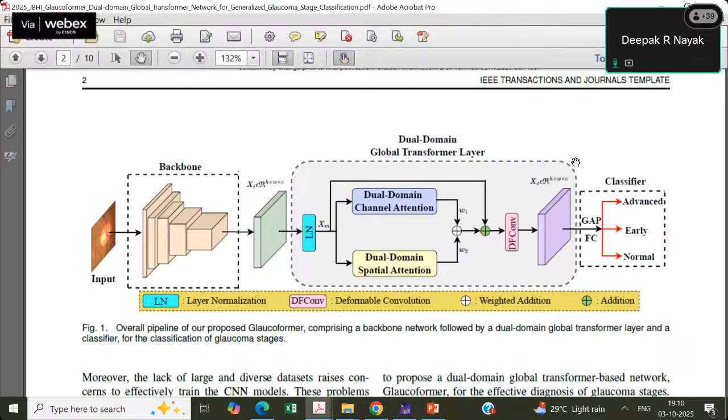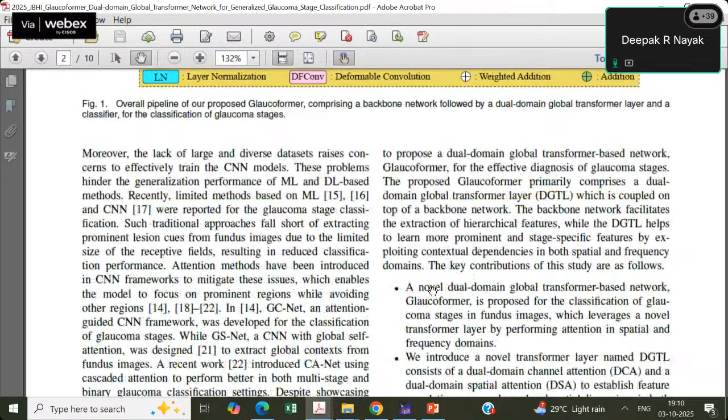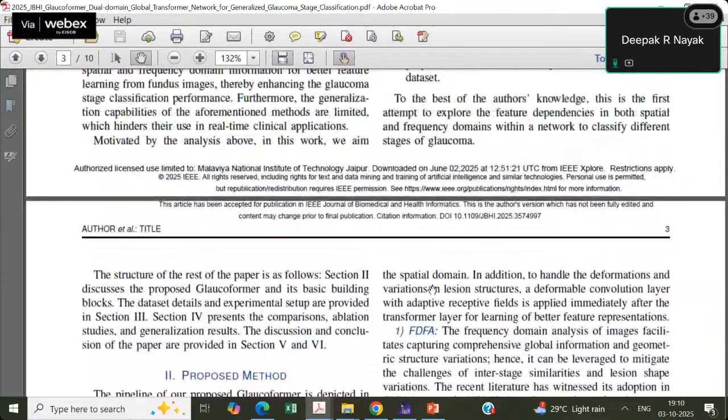We are not only analyzing the features in the spatial domain, we are also analyzing the features in the frequency domain, and that is why the names are dual domain channel attention and dual domain spatial attention. So we are analyzing the features in both domains: one is the spatial domain, which is the pixel domain, and the other is the frequency domain. This frequency domain analysis has been achieved through the fast Fourier transform, and of course the inverse Fourier transform as well.